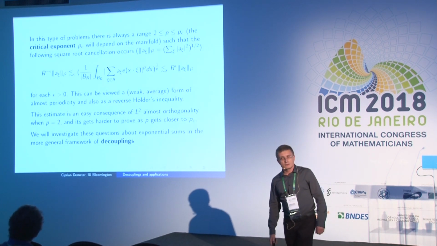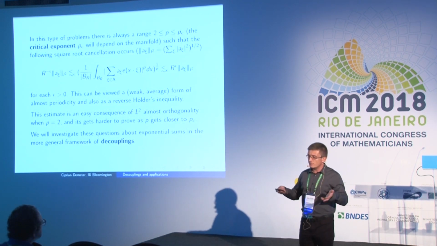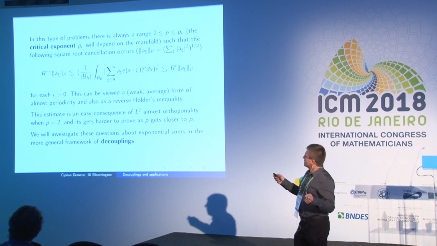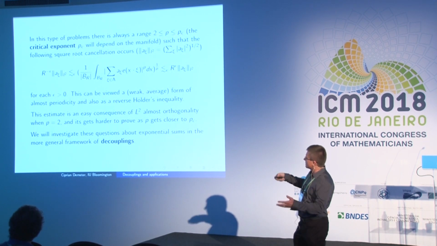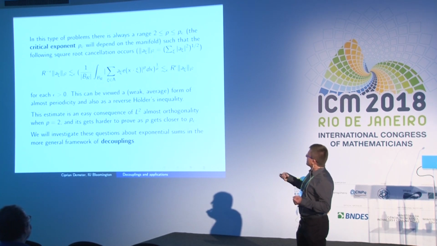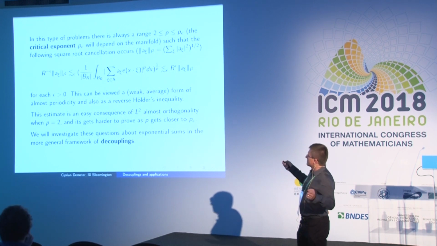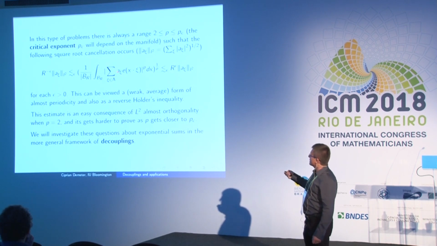What should we expect when we have such an exponential sum, with separated frequencies living on a curved manifold? Well, we should expect the existence of a critical exponent and of a range between 2 and this critical exponent. And this depends on the manifold, on the curvature, and so on, such that in that range, if you look at the average L^p moment of any such exponential sum, on balls of the correct radius, not necessarily centered at the origin, you expect that quantity to be roughly of the order of the little l^2 norm of the sequence.